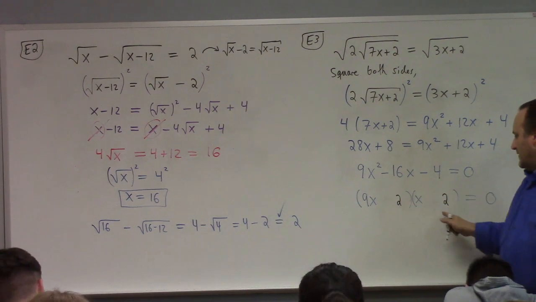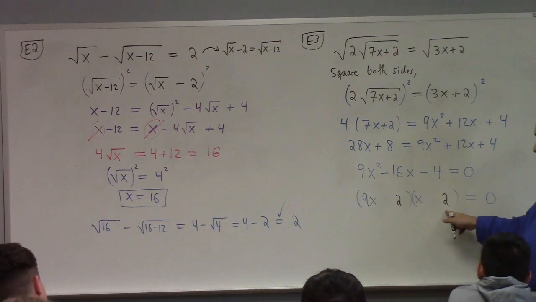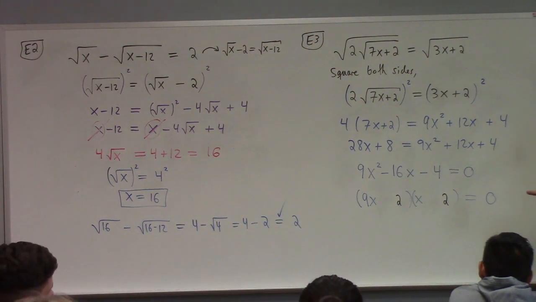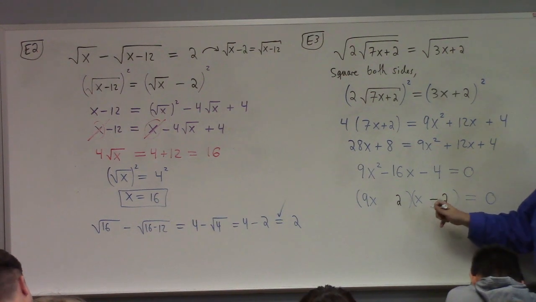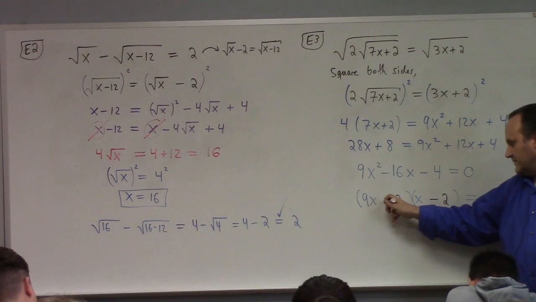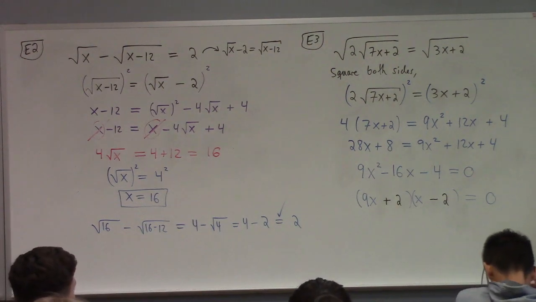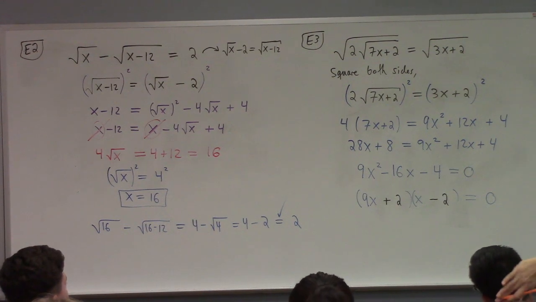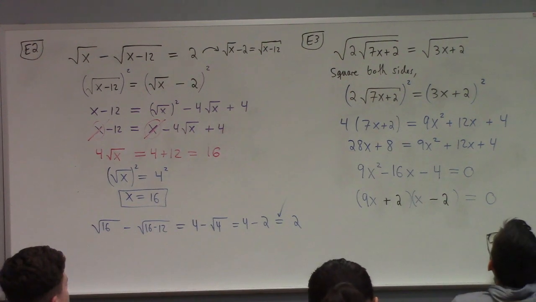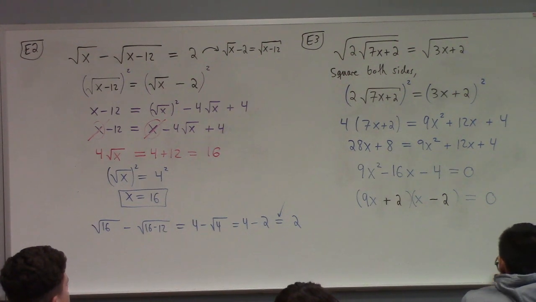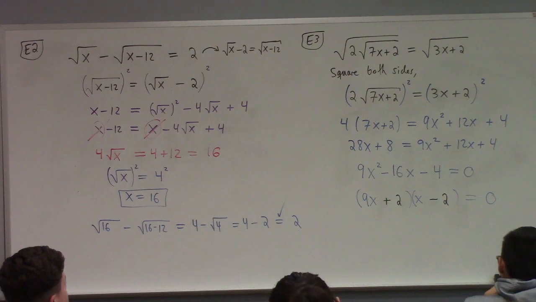That gets me the 4. I need one of these to be positive and one of these to be negative. I want a minus 16. So I put a minus over here, and a plus over there. And I think that'll do it. I get 9x squared, plus 2x, minus 18x, minus 4. There we go. So what are my solutions?